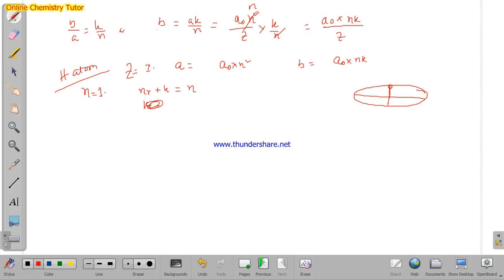If k equals 0, the minor axis will be 0, and then this is a simple line. This cannot happen. So k is never equal to 0. So for n equal to 1, the value of k equals 1, so the value of nr equals 0.